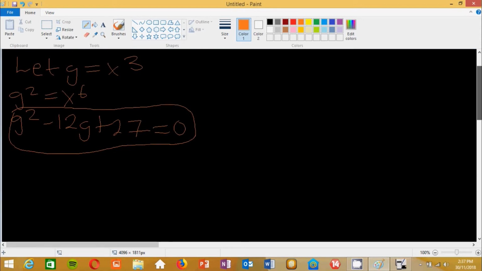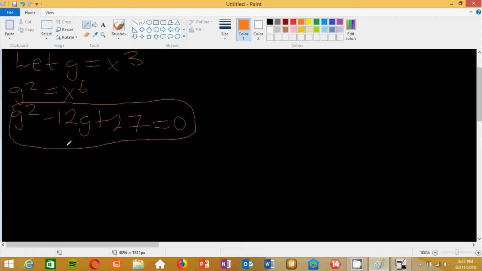And what am I going to do? I solve this quadratic equation the way I know how: completing the square, using the formula, or factorizing. I'm going to choose to factorize. The product is 27, the sum is negative 12, so I'm going to have negative 3 and negative 9.